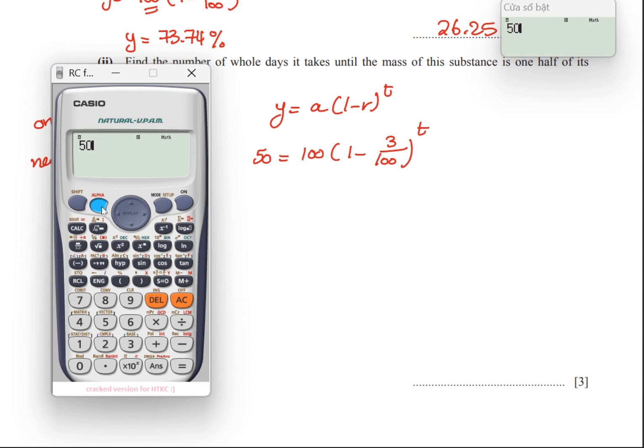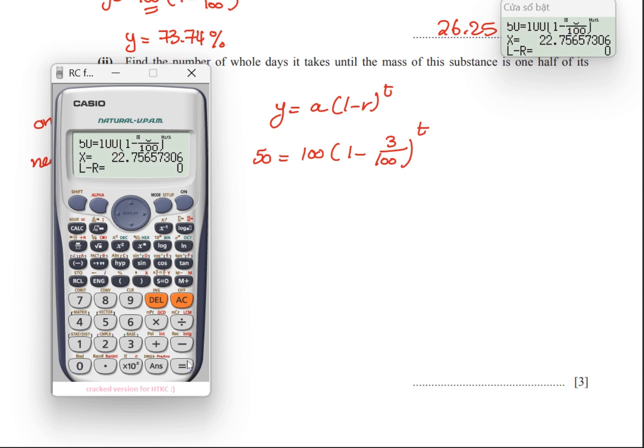But here I'm just saving my time. 50 = 100 bracket 1 minus 3 over 100, then go step to the right, close the bracket and make it power, not t, but I'm going to put it as x because unknown in the calculator means x. So alpha and this, which is written in red, x. Then make sure that you wrote the equation correctly, then 4 buttons, which is shift, calc, 0, equal.